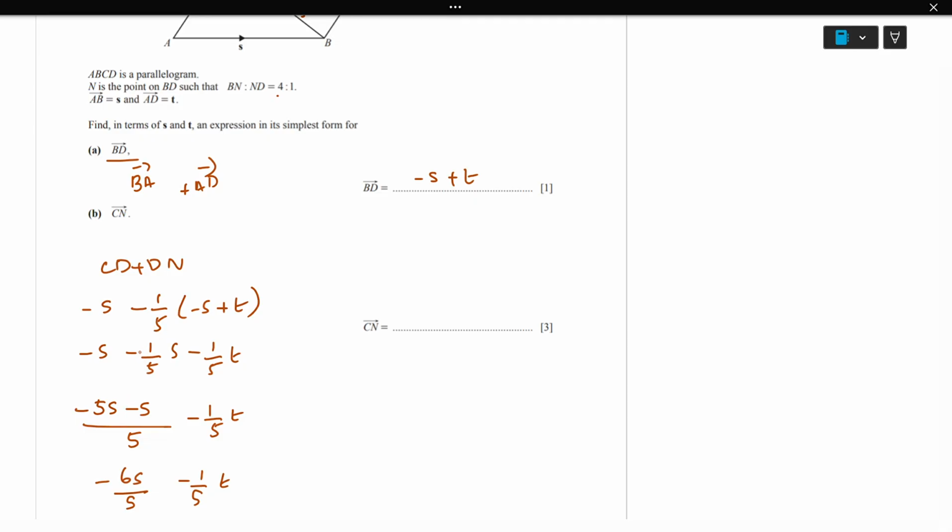Sorry, minus of minus is plus, that's my mistake. So minus 5 plus 1 is minus 4. So the final answer is going to be -4s/5 minus 1 minus t over 5. So that's the final answer.